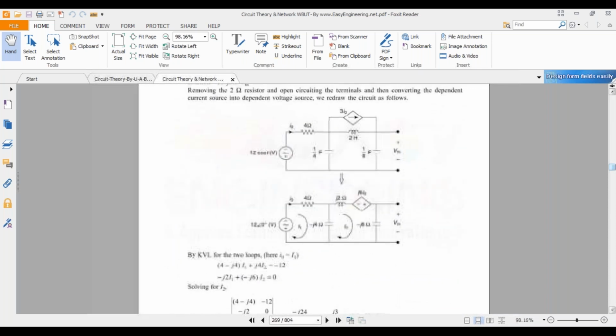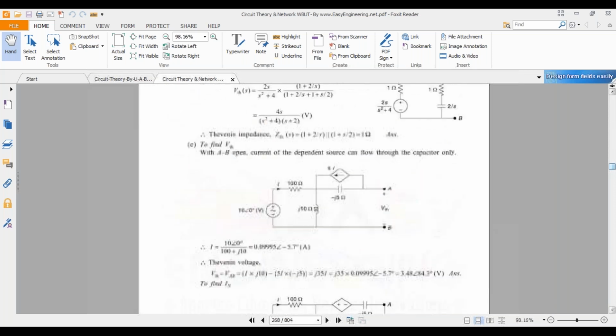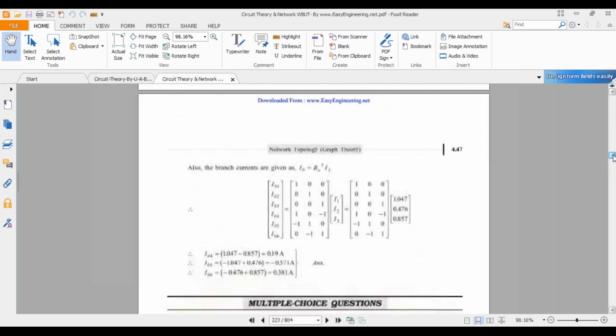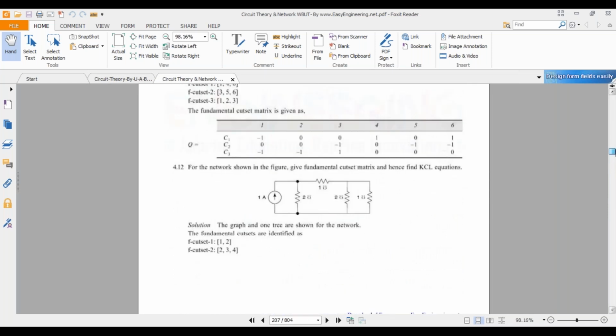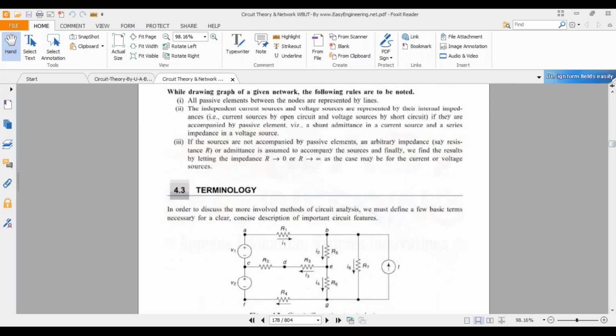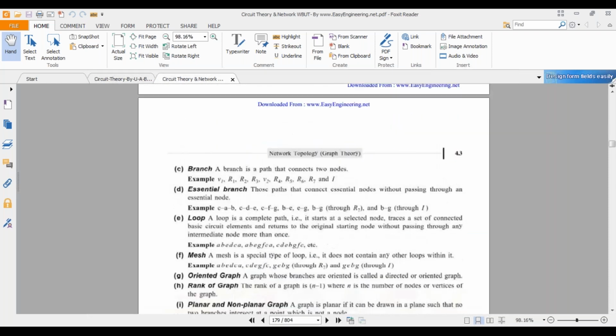We will try to solve some problems for the AC circuits and again for their theorems. And afterwards we can finish this class. I will show you something about KVL and KCL for the circuit.